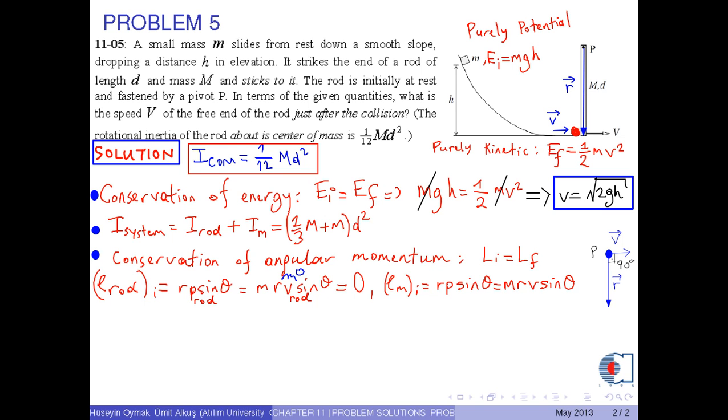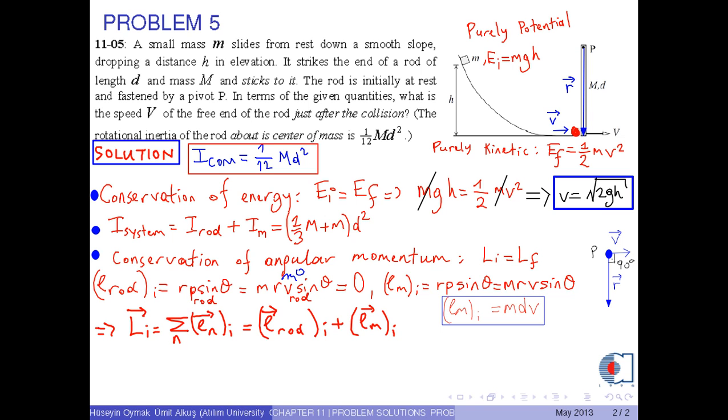From the figure, it is easy to see that angle theta is 90 degrees. Therefore, L m i equals m times d times v. As a result, the initial angular momentum of the system is due only to small m, that is, Li equals L m i equals m times d times v.